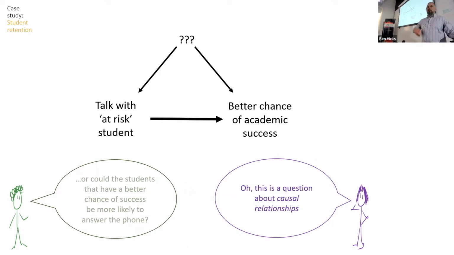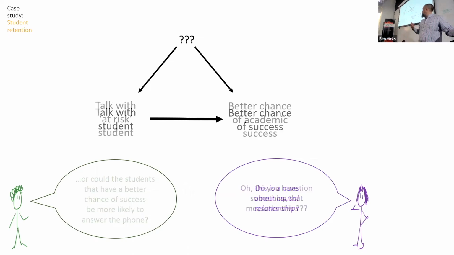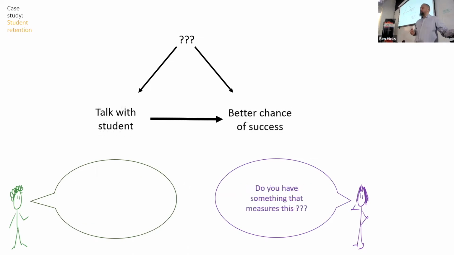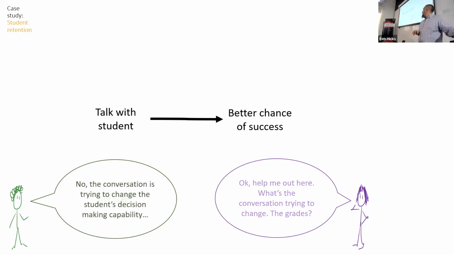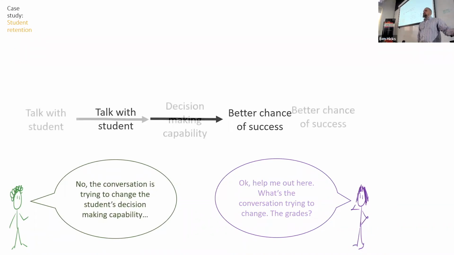So here is where we dive into the dialogue between these two, where we explore: can we think about other variables that might help, or what is actually going on with this original process? Are we actually changing their chance of grades directly, or when we talk to them, is there some other construct that we're not measuring that's actually the mechanism between them?